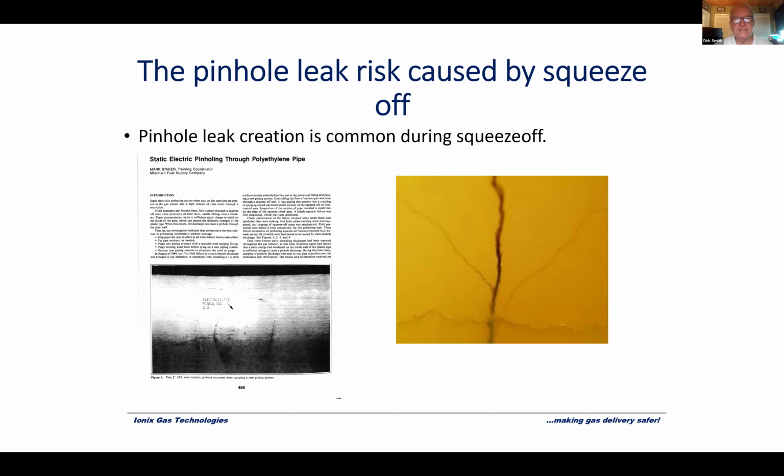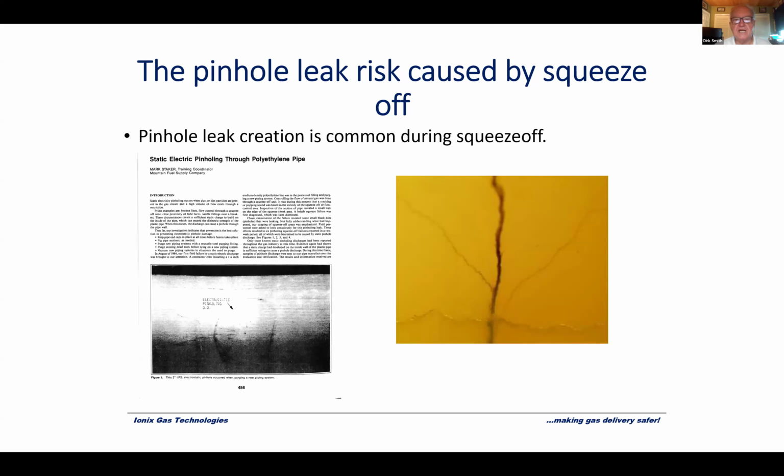And they found this was consistent with other operations where they did squeeze off. They sent the pipe to the lab to be tested to find out what the cause was. And the lab said it was caused by static electricity buildup on the inside of the pipe, arcing through the pipe wall to ground itself, and it burned a hole.